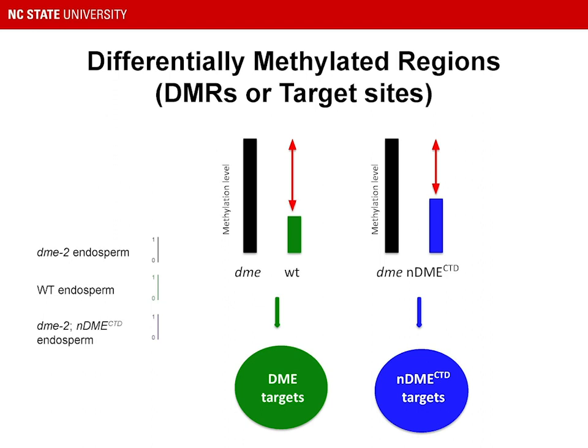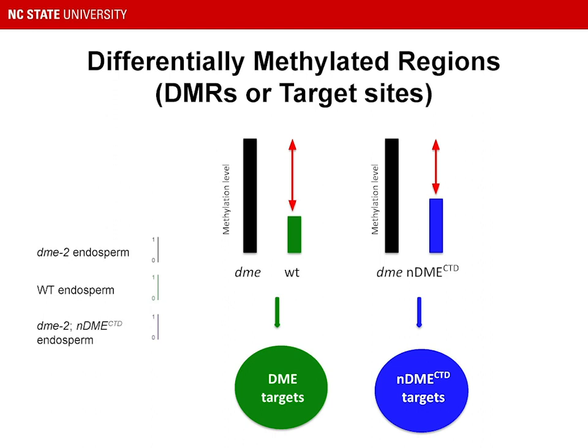Okay, if we look at the methylation profile in each target locus, we can compare the mutant, which should have high methylation, and the wild type, and then look at the differences. If the difference matches the threshold that we define, then we call it a target gene. We know that DEMETER goes there to remove methylation, so from comparing the mutant and the wild type, we know where the target genes are.